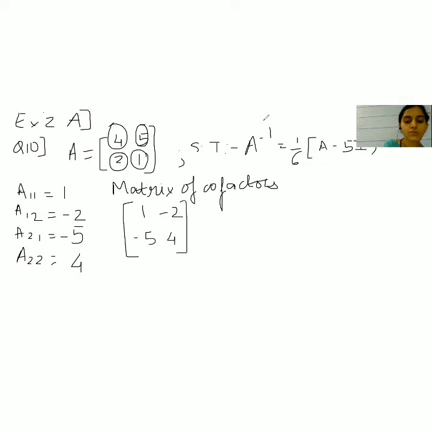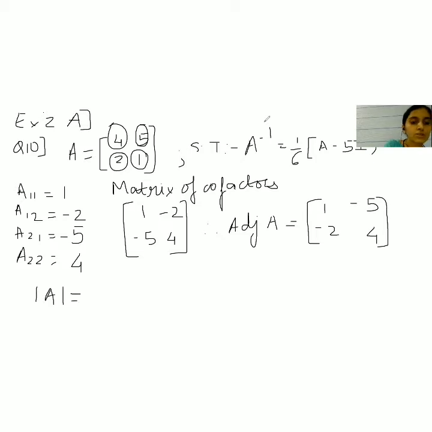This is the matrix of cofactors. Therefore, adjoint of A is equal to the transpose of this matrix: 1, minus 5, minus 2 and 4. This is your adjoint of A. Last step, the determinant of A we require.